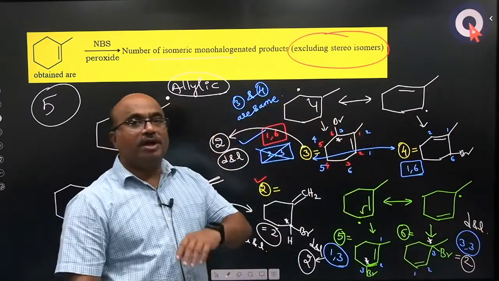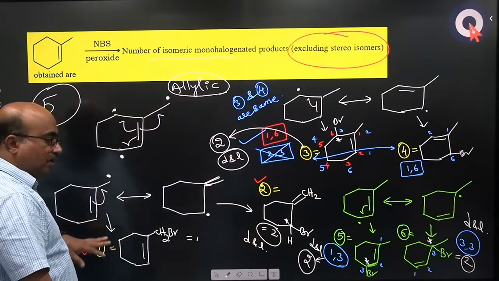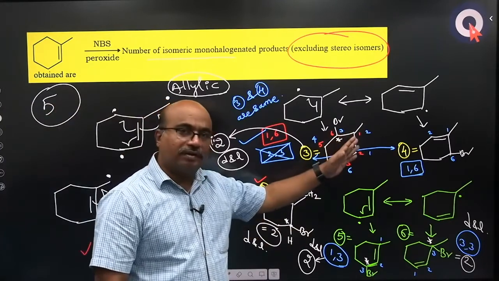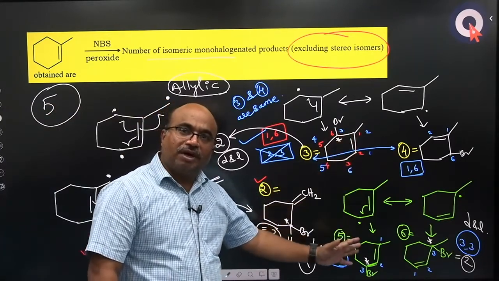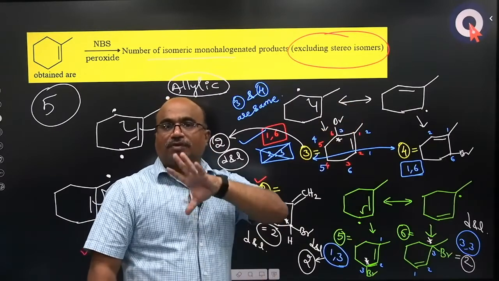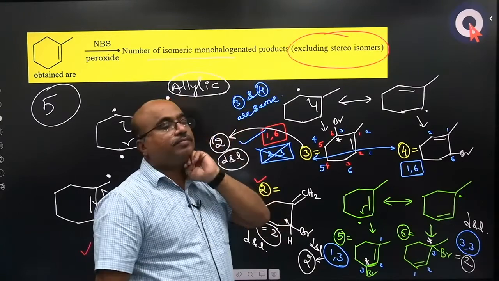So overall how many we had? This one is only a single. The second one has an optical activity, third one has an optical activity, fifth one has an optical activity, sixth one has an optical activity. Means among the 5, 4 molecules are having optical activities.